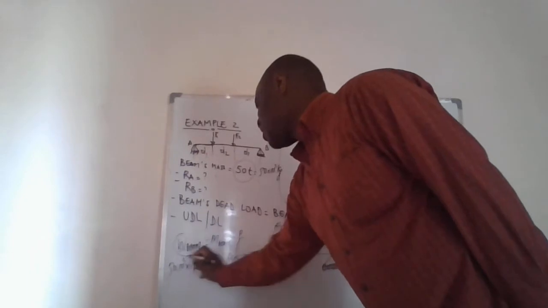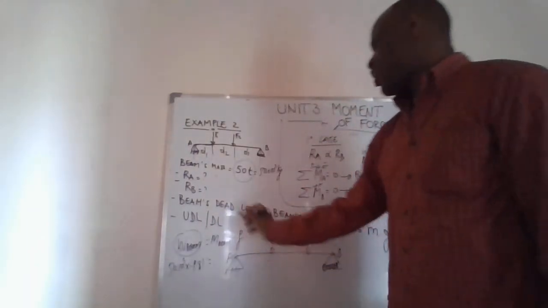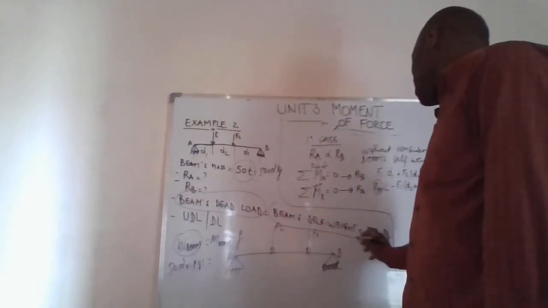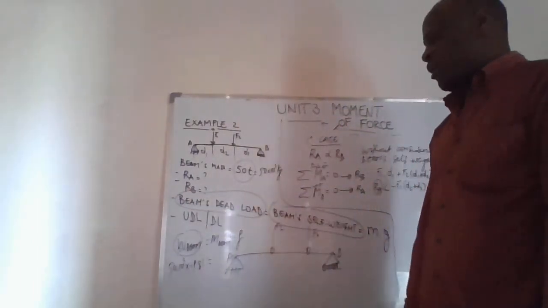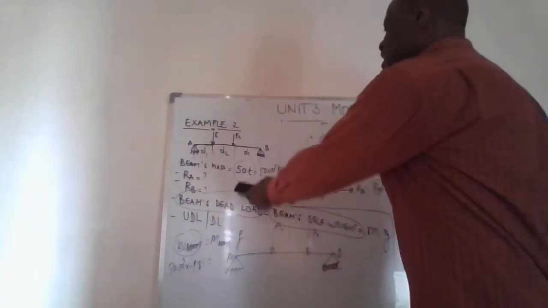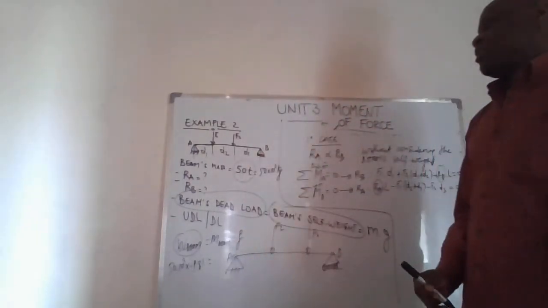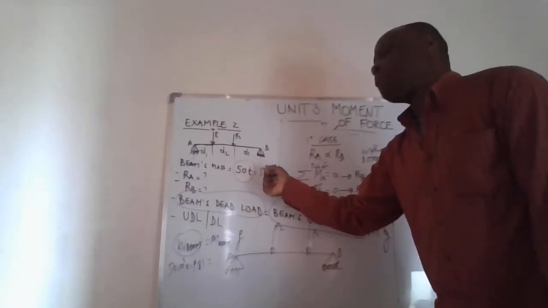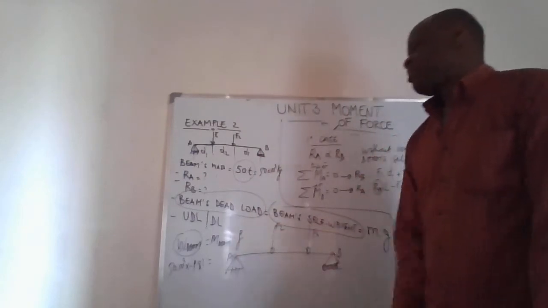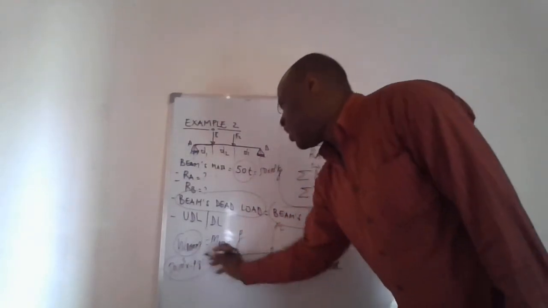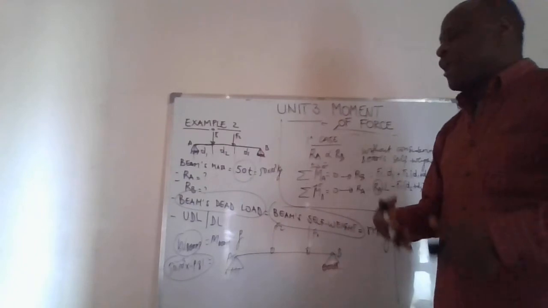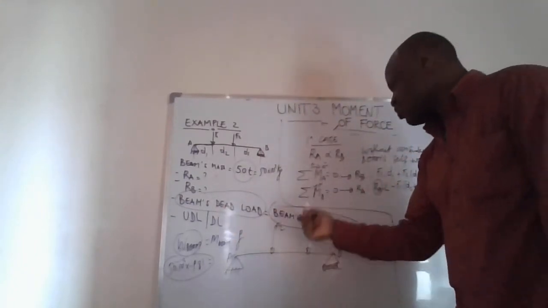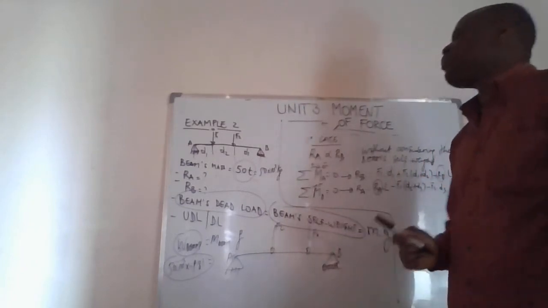You will get the weight of the beam, which is known as the beam's dead load, which can also be called the beam's self-weight. Whenever we are given the mass of the beam, we can calculate the dead load by taking the mass of the beam in kg times g. Whatever we get here is what we call the weight of the beam, or in an appropriate way, the beam's dead load, or else you can also use the word the beam's self-weight.